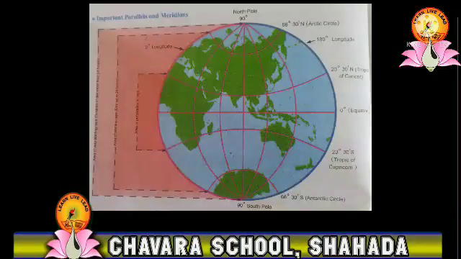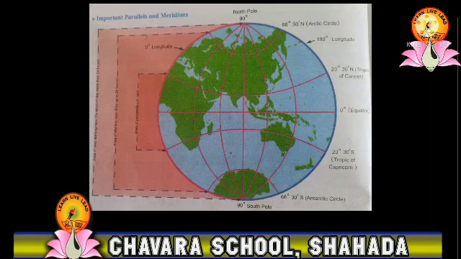This is the picture of some important circles which are found on the surface of the earth. So here is equator, which is 0°. Next is Tropic of Cancer, whose angular distance is 23°, 30 minutes north. Next is Tropic of Capricorn, whose angular distance is 23°, 30 minutes south.